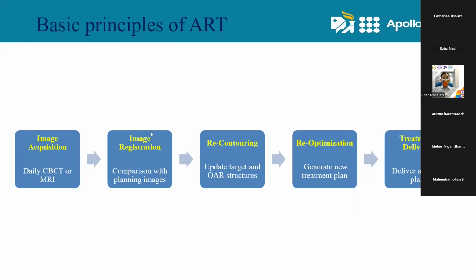Then we recontour, that is, we draw the target and OAR contours, generate the optimized treatment plan, then perform quality assurance, then we deliver the adapted plan to the patient.